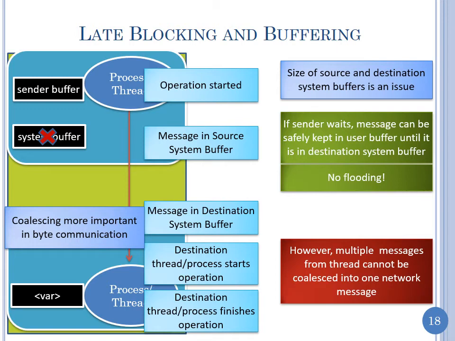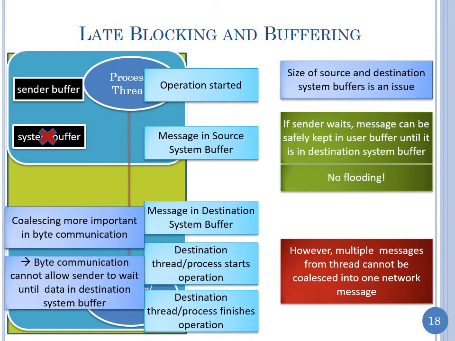So if you're sending byte by byte, if the user thread is making requests per byte, you have to essentially send each byte, because you don't know when the next byte is going to arrive, and you have to wait till the byte reaches, and so you are sending too many messages. Okay, so you can't coalesce, you can't wait and say, okay, let me just wait for this much time, and if within this much time I get more data, I'll send all these data together. So that's a disadvantage of having this approach.